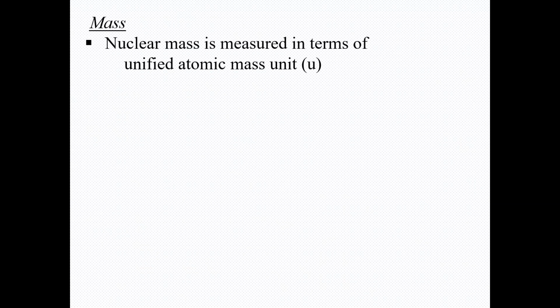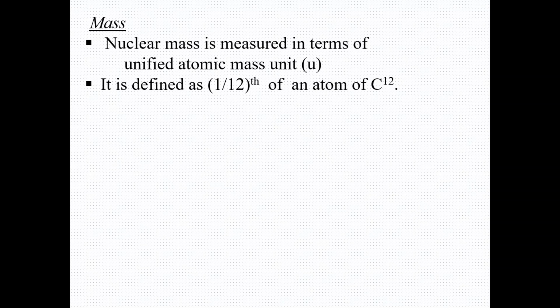Nuclear mass. Nuclear mass is measured in terms of the unified atomic mass unit. Now, what is the unified atomic mass unit? We have already discussed that in lecture number 1 and lecture number 2, and it will be quite frequently discussed throughout this course. So how do we define the unified atomic mass unit, or in short u?